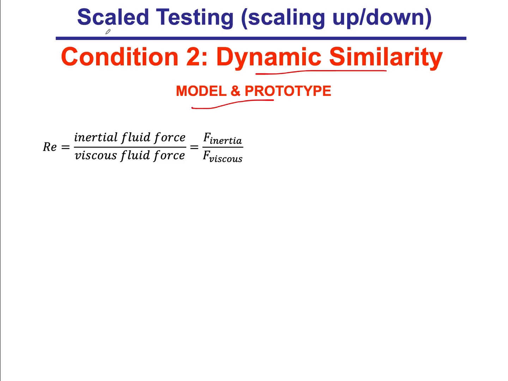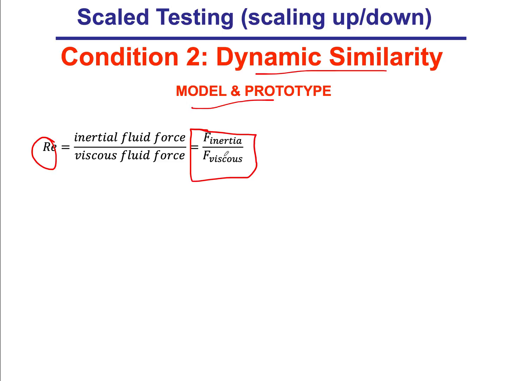Let's look at something like the Reynolds number. We derived it from the Navier-Stokes equation, and the Navier-Stokes equation is a force balance. So we ended up also showing that the Reynolds number was the ratio between the inertial forces in the flow relative to the viscous forces in the flow.